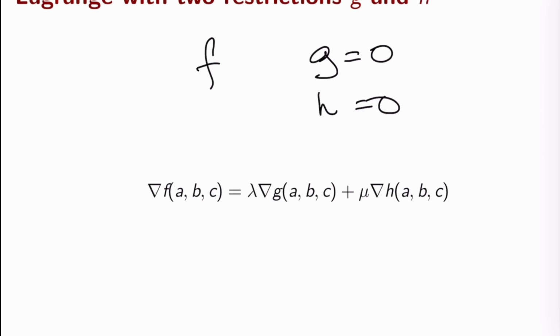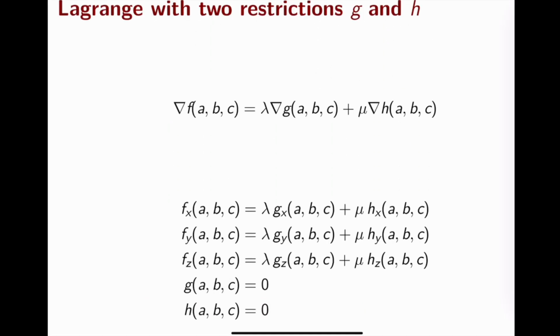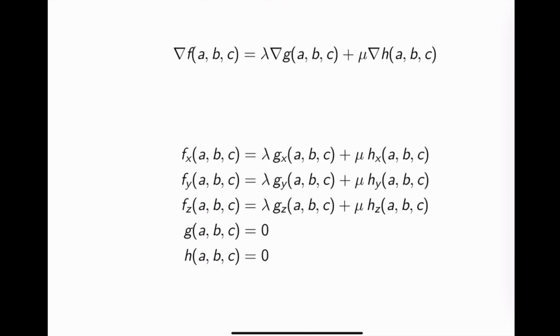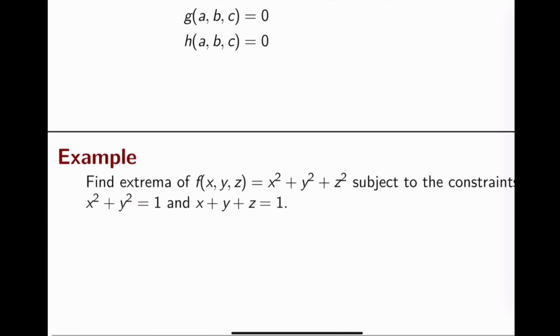So if we have a function with 2 constraints, to apply the method with 2 constraints, we have to write now this system of equations where we are going to write down each of the partial derivatives introducing here the 2 Lagrange multipliers, and we're going to add then the 2 constraints equal to 0.